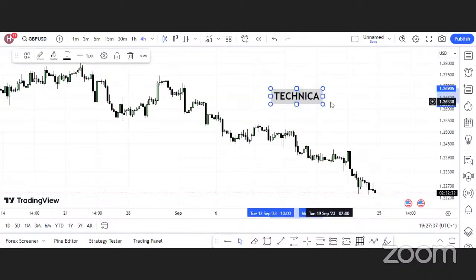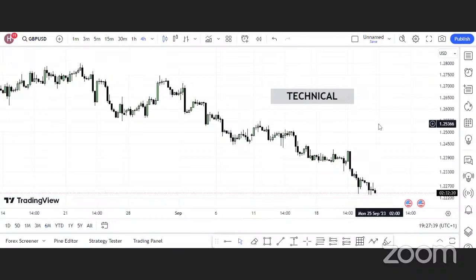Wherever the sellers are, at this particular point we have a lot of sellers, then you want to sell from such a price point. Or if at a particular price point there are a lot of buyers, then you want to start buying from such an area. So how do you know where the buyers are, or where the sellers are?